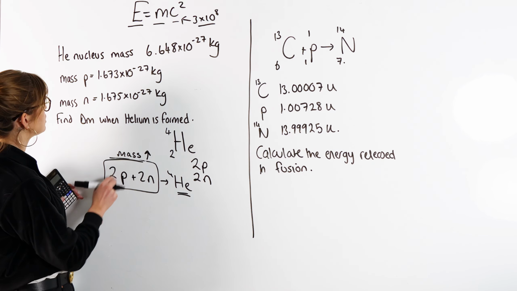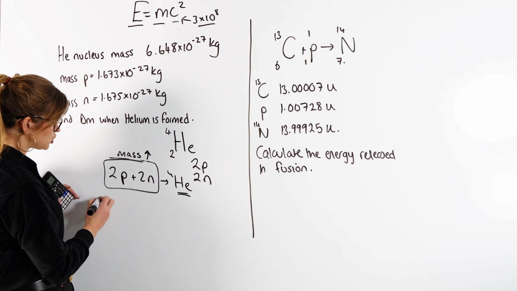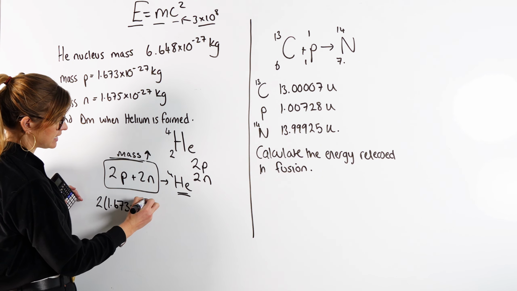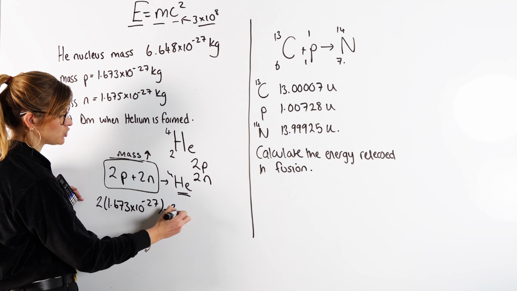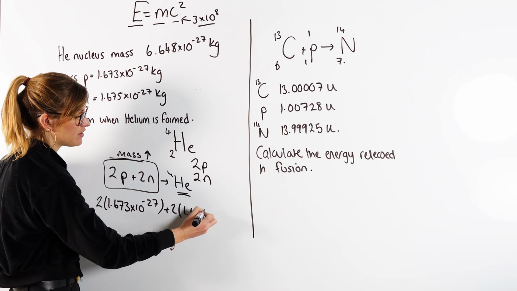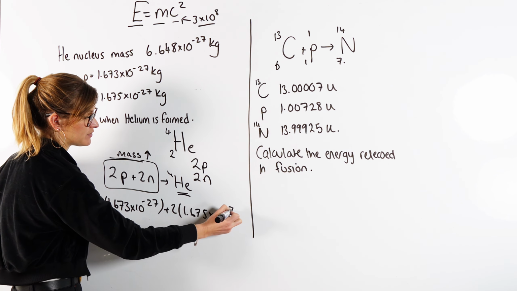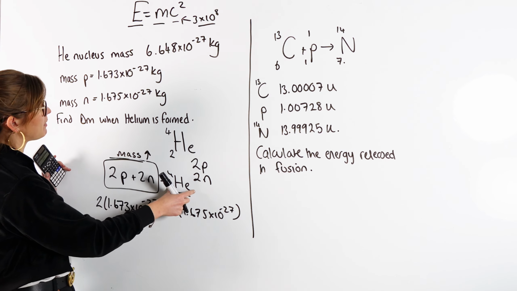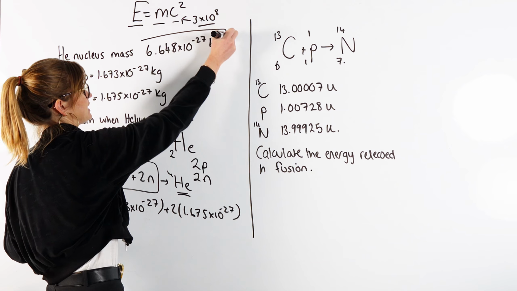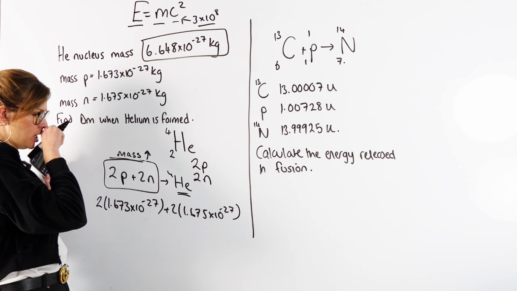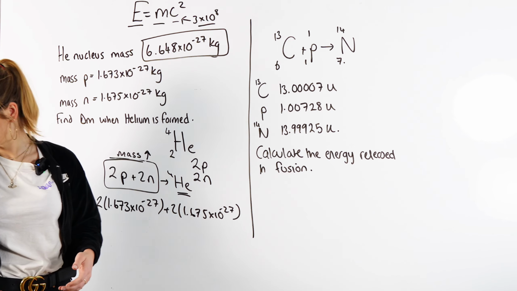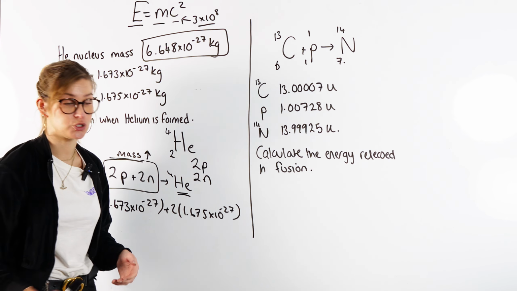So I've got 2 protons, it tells me the mass of my proton, so I've got 2 times 1.673 times 10 to the negative 27. And I have 2 times 1.675 times 10 to the minus 27. That is the mass of my neutron. Then I know the mass of the helium, it told me up here. So I'm going to find the combined mass of my 2 protons and my 2 neutrons.